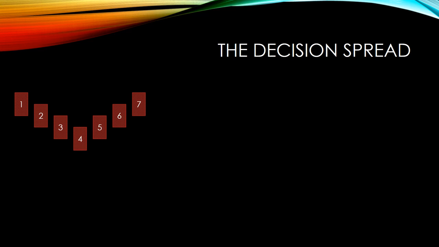Card number 6 is hopes and fears. Okay, so they've made the decision, and now they have to live with the choice. And card number 6 says, well, this is what you hope is going to happen, and this is what you're afraid is going to happen. Which takes us to card number 7, which is the probable outcome. What is the most likely thing that is actually going to happen after you enact this decision?